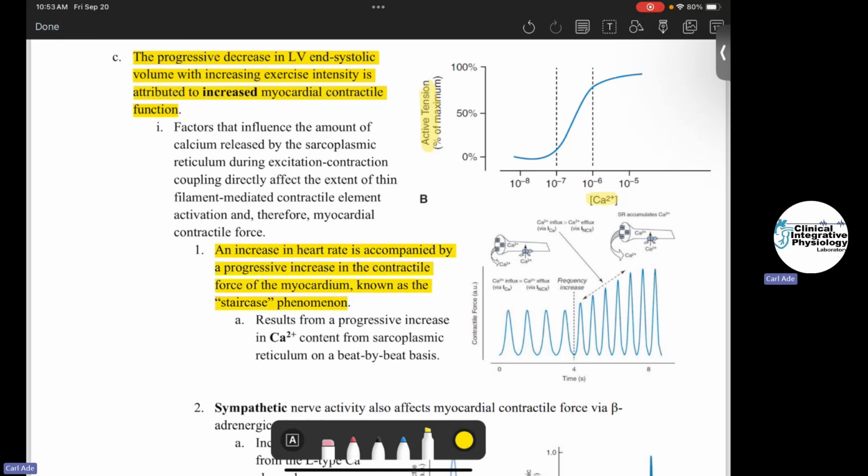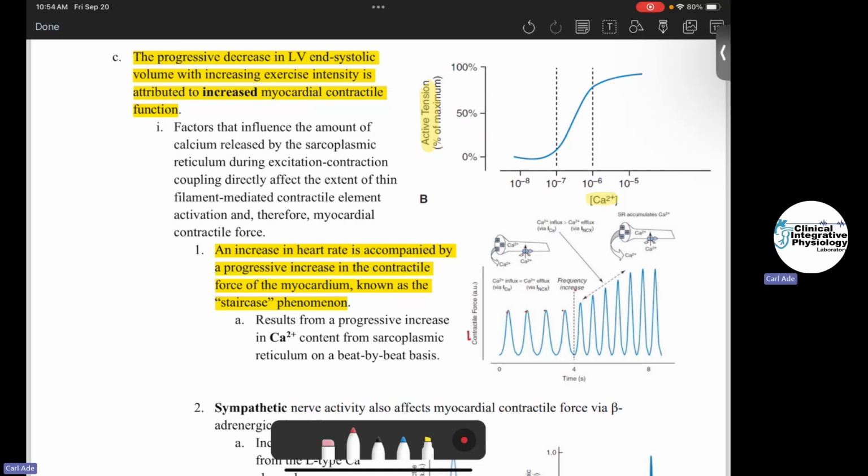This was referred to as a staircase phenomenon, that as we exercise, we get this increase in heart rate. And we can see in my figure to the right, this is a representation of the heart rate dependent increase in contractile force development. So as we start here, there's 1 heartbeat, 2 heartbeat, 3, 4. There's 4 beats in this 4-second time frame here. And here's the contractile force.